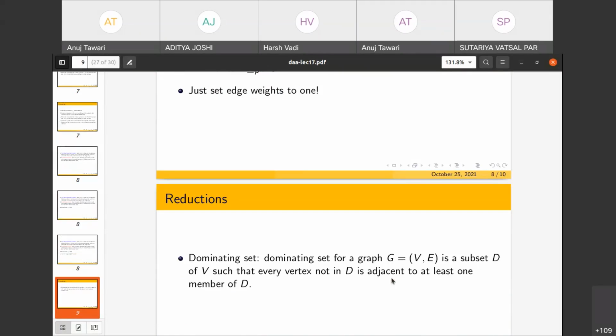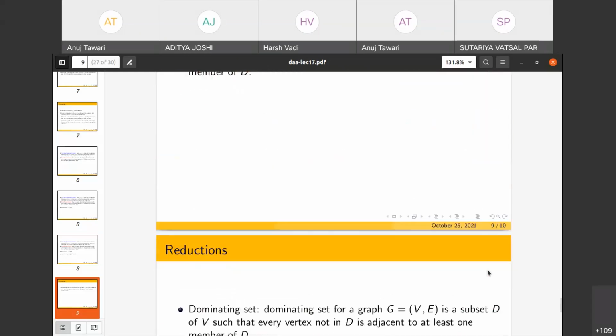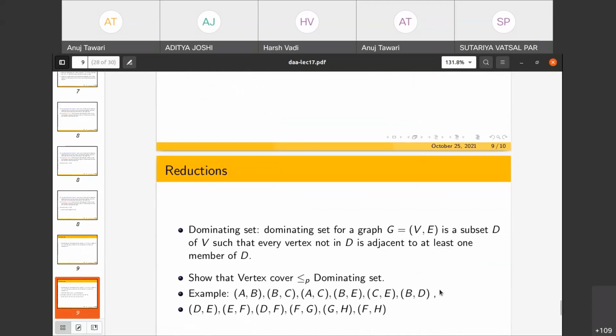It is a subset D of vertices such that every vertex not in D is adjacent to at least one member of D. And what we want is to reduce vertex cover to dominating set. So I want to show that if I can solve dominating set on the graph, then I can also solve vertex cover.